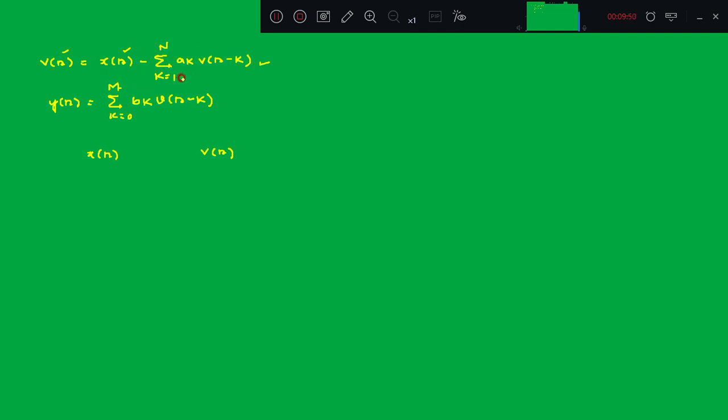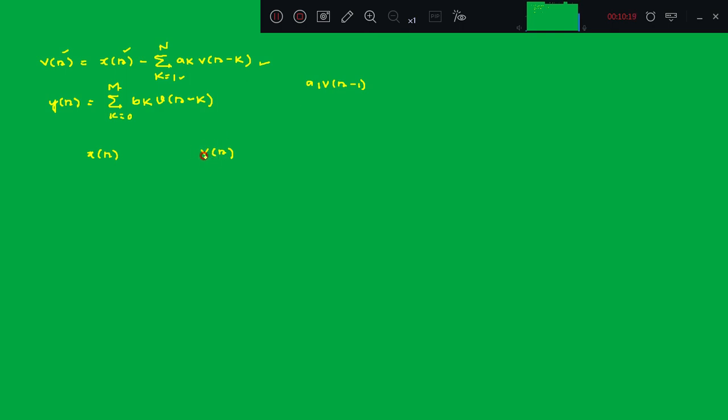If I substitute k equals 1, I will get a1 into P of n minus 1. Forget about x of n for now. All the values you get, you have to add to x of n, the input, using an adder or summer. So how do we get P of n minus 1? You take a delay z to the minus 1.